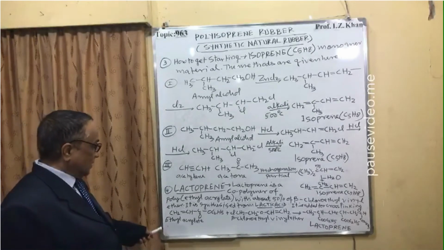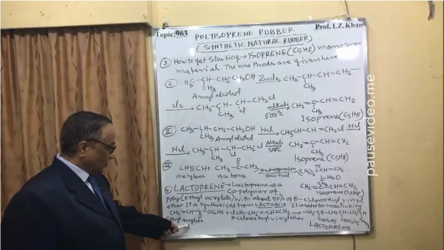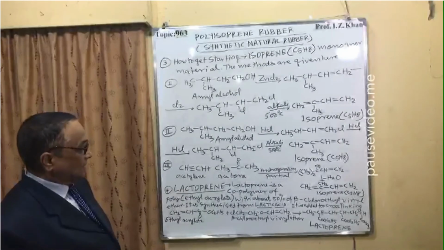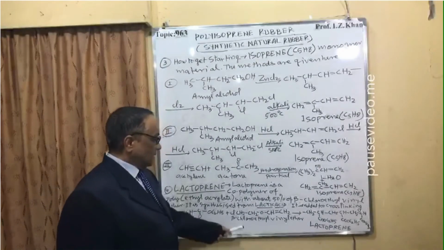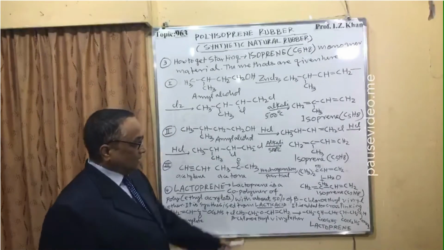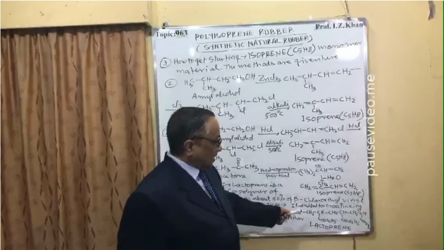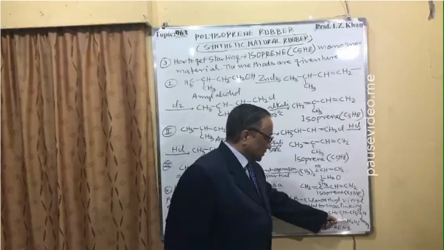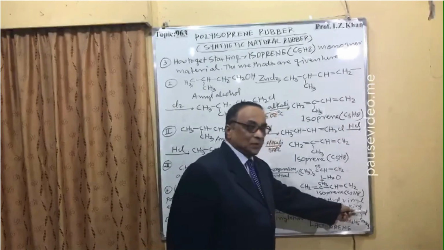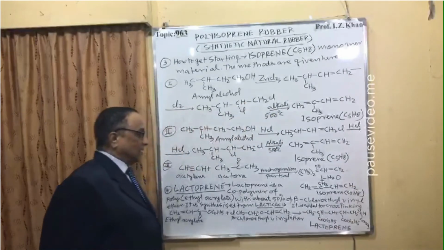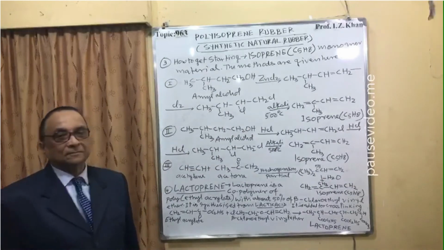So it is given here. We will take ethyl acrylate plus beta-chloroethyl vinyl ether, and when these two are treated, we will get the polymer with repeating CH2CH-COOC2H5 units. All the long chain will be formed, and that is called lactoprene.